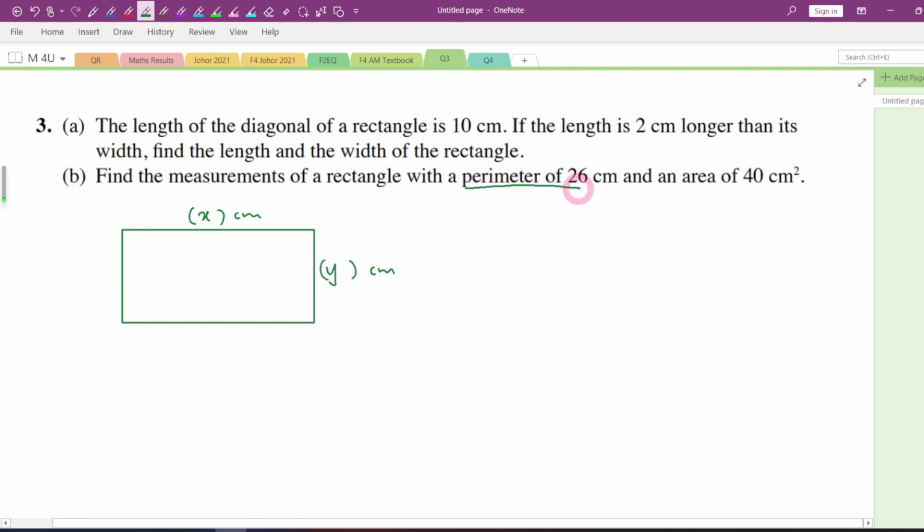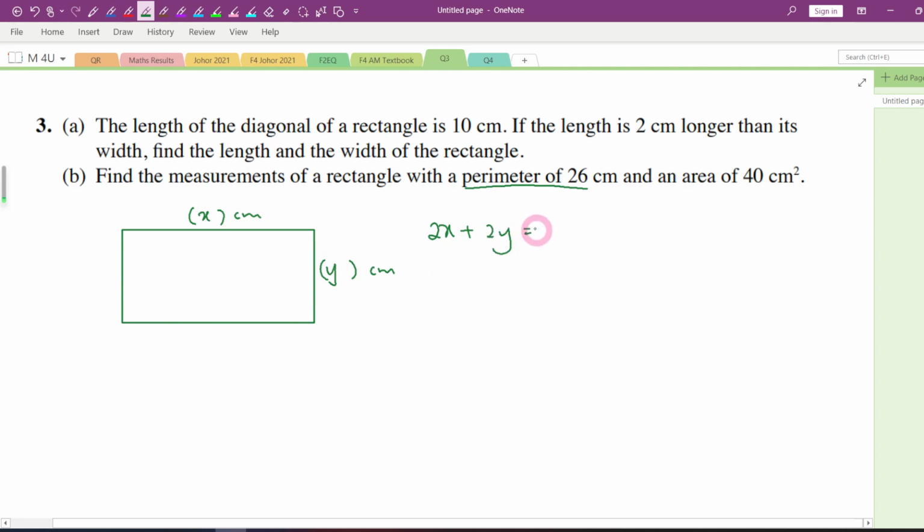Given by the question, the perimeter is 26 centimeters. So try to ask yourself, how do we calculate the perimeter of a rectangle? We take all the sides and add up together, right? So I have 2x, 1x over here, 1x over here. So I have 2x plus 2y.